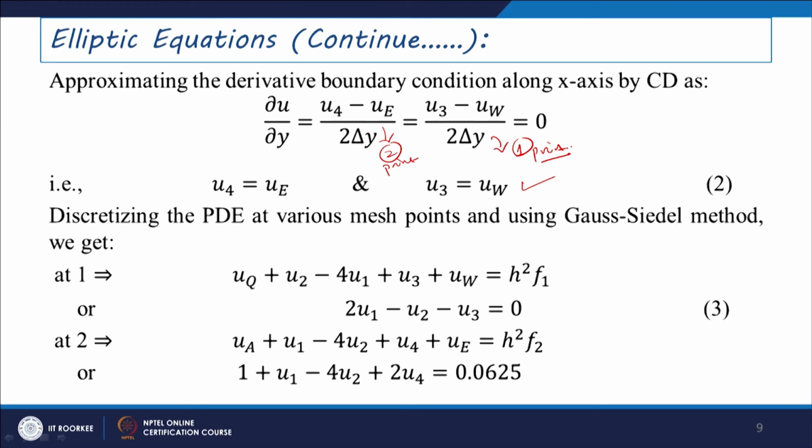Since our domain is defined in this form here, this is point 1, this is point 2, this is point A, and this is point Q. If we take the point of discretization as 1 here, we can find UQ minus 2 U1, plus 2 point here.